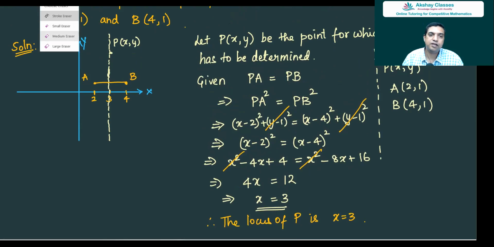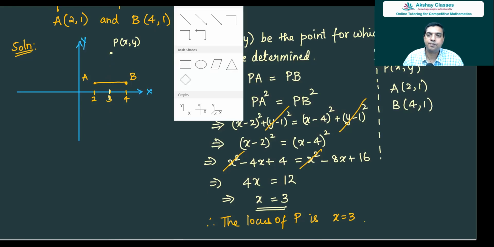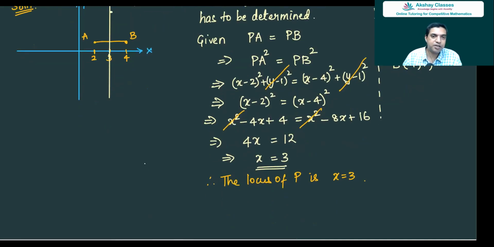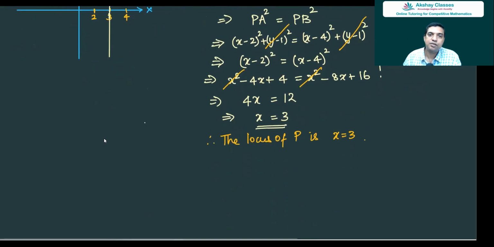I will draw a full line. And this particular line bisects the join of AB. So there's a very important result here.